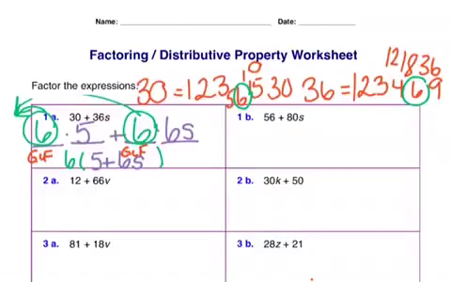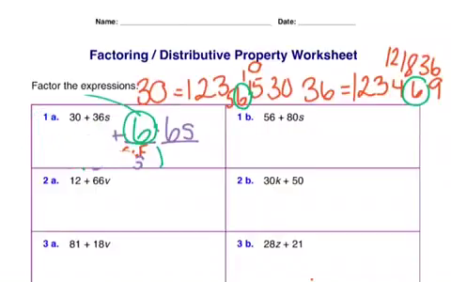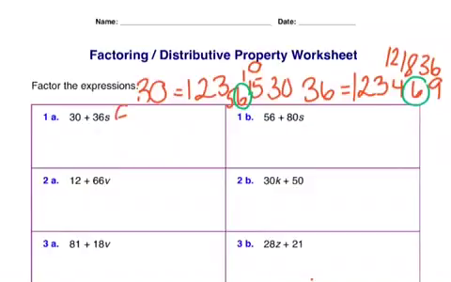Alright, let's quickly go over how to write in factored form by thinking of it as a division problem. So we still need the GCF to know what one of the factors were. So you still have to show all this work here at the top if you need that to figure out what the GCF is. Okay, so we said that was 6. Okay, so I know the 6 was distributed to 2 other terms.